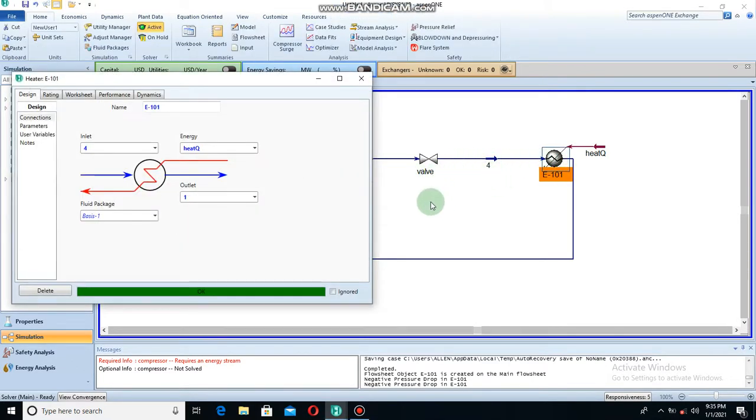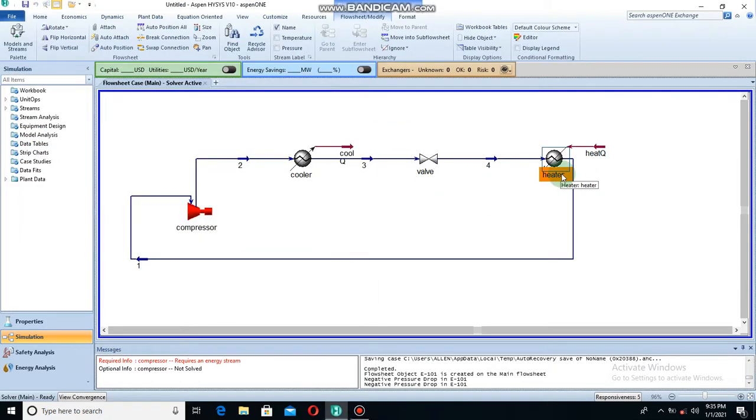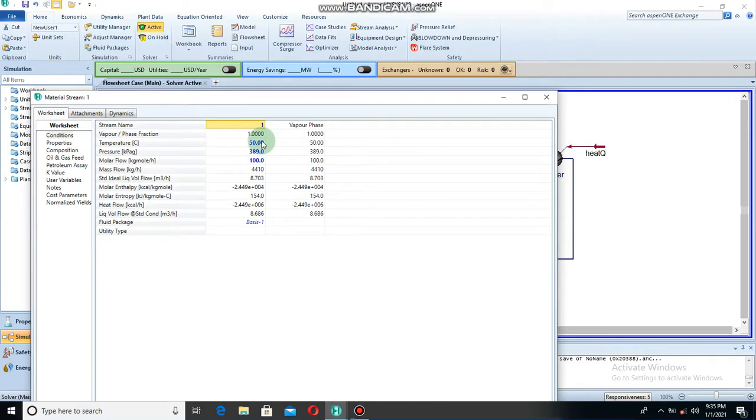And after it does the job of the cooling at this point, it is sent to a heater, and the heater returns it to the same process back to where it all started. Our temperature still remains 50, just as it all started.